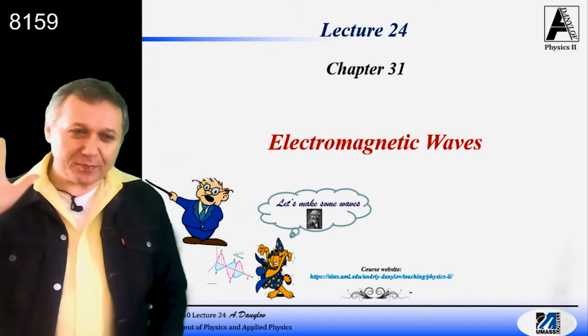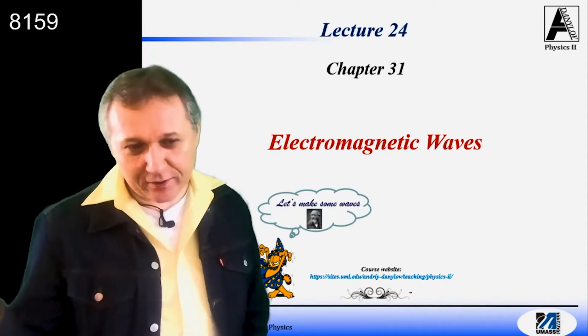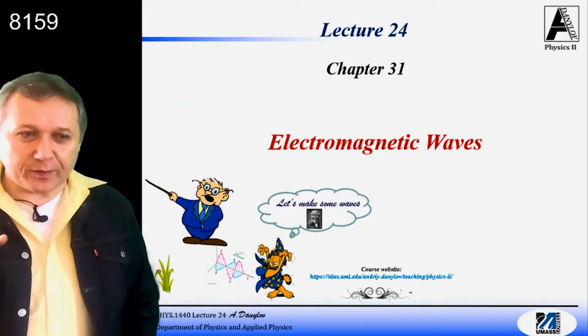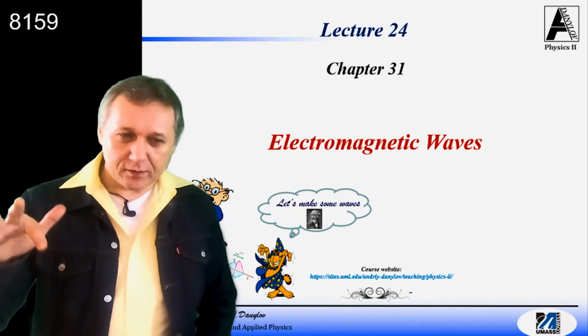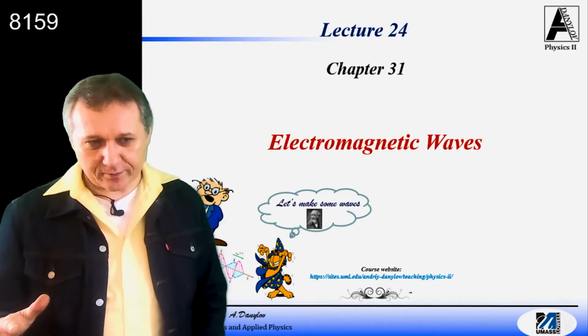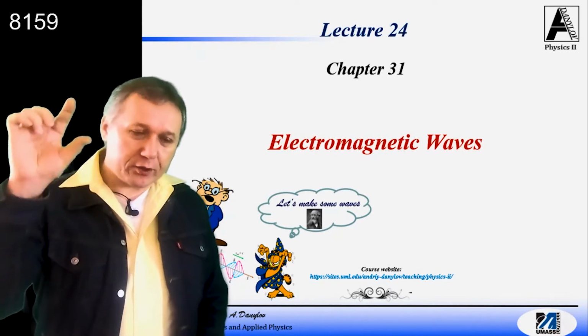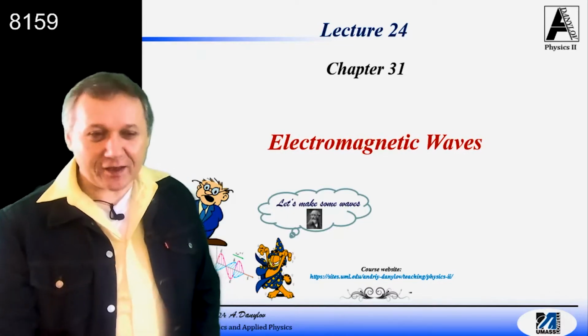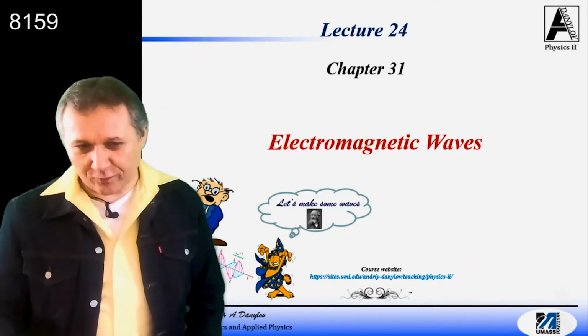Anyway, in the previous lecture, which we had just before Thanksgiving, finally we wrote down all Maxwell's equations. There are 4 of them. 2 allow us to find the electric field, and 2 allow us to find the magnetic field.